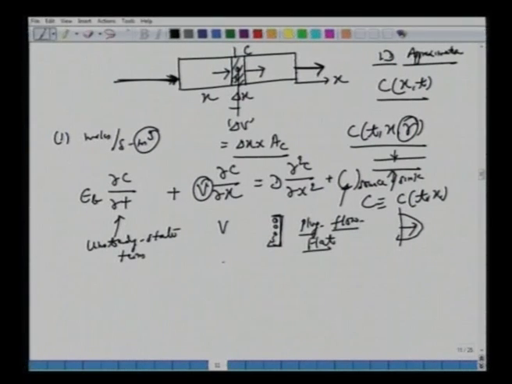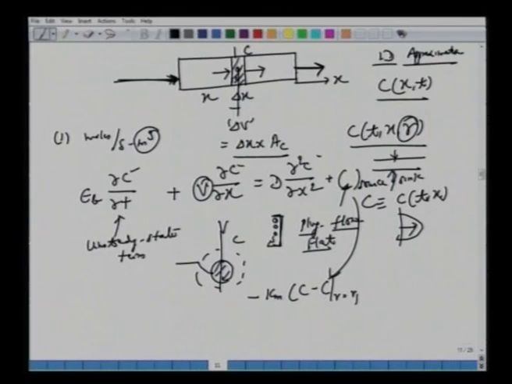So we talked about this solid surface, there is a mass transfer coefficient, there is a drop here. So what is this term here? This is minus km times the flux: c here minus c at r equal to rp.